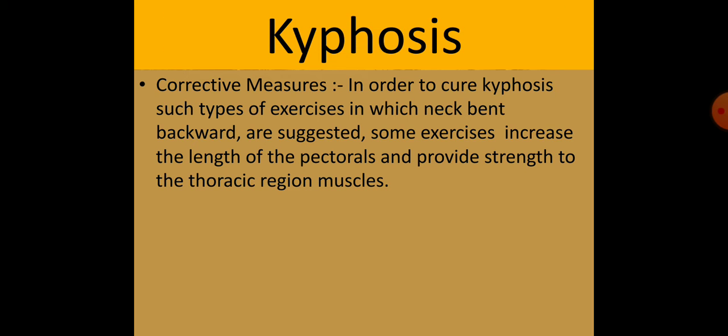Some exercises increase the length of the pectoral muscles and provide strength to the thoracic region muscles, as we discussed in round shoulders, because this is a problem of the pectorals. In this also the bones of the shoulders are pressed forward, so that brings our shoulders down.